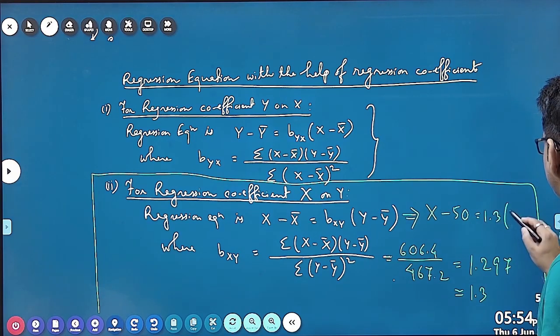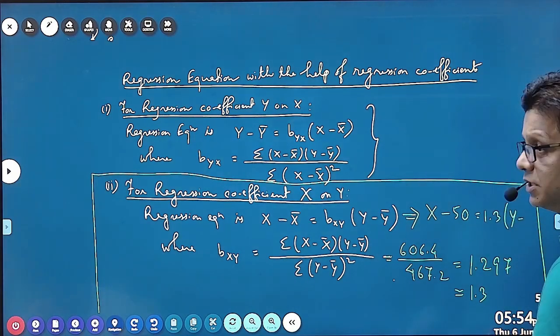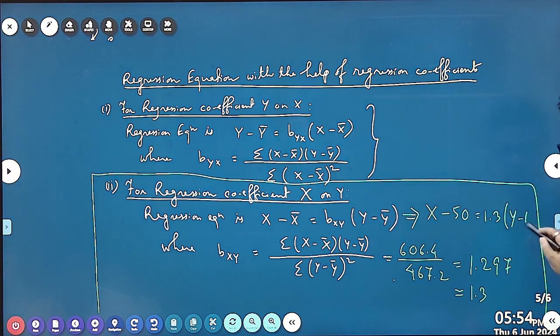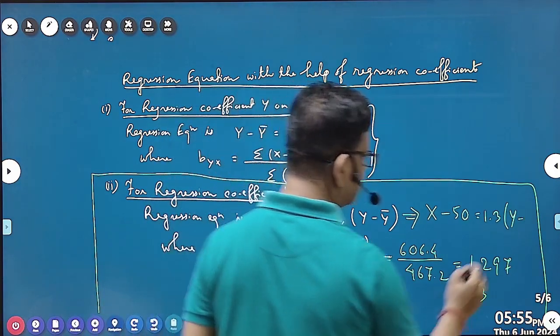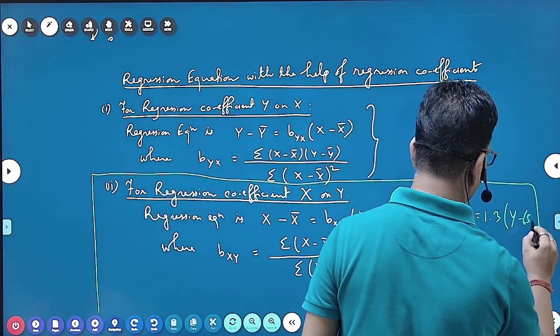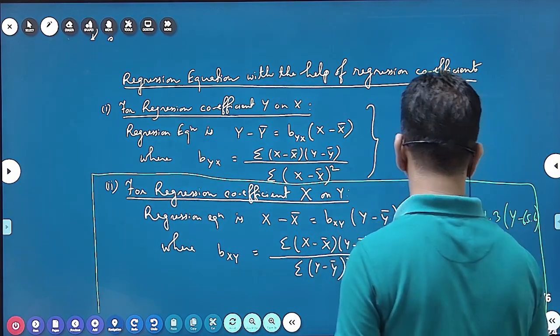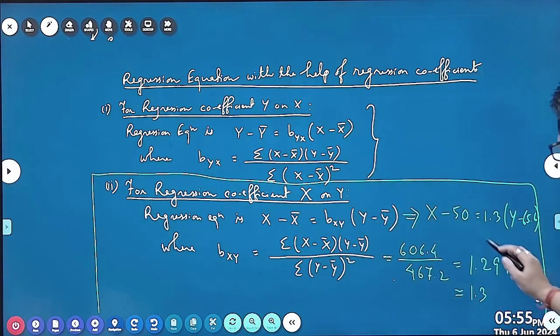Then y minus y bar, 65.6. But you cannot keep this answer here. This one needs simplification. Simplification means you have to multiply the 1.3 with both of them.